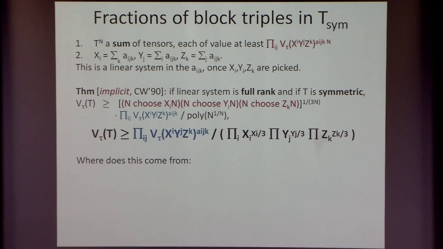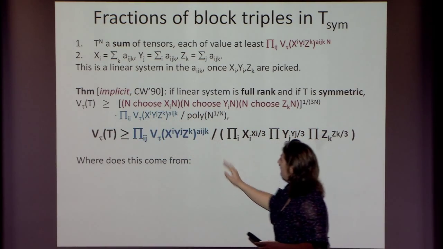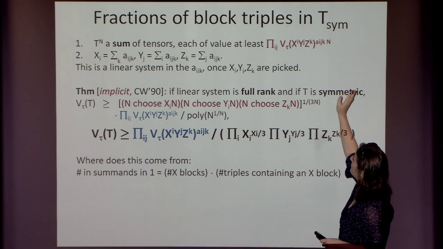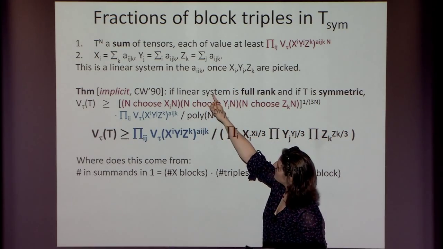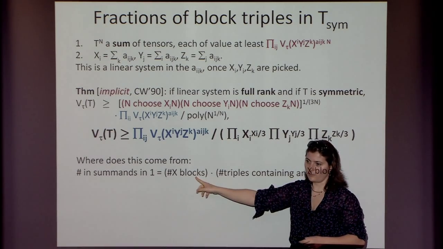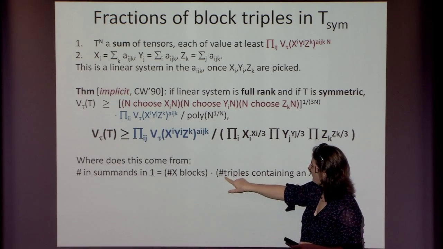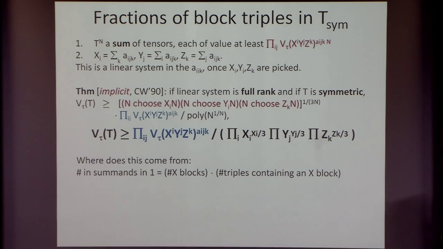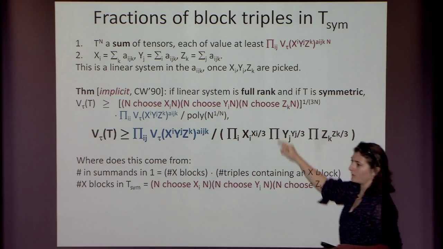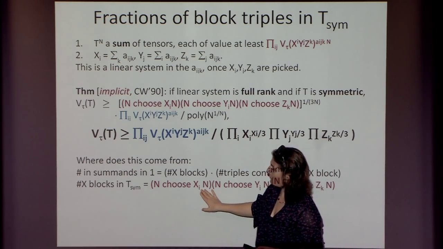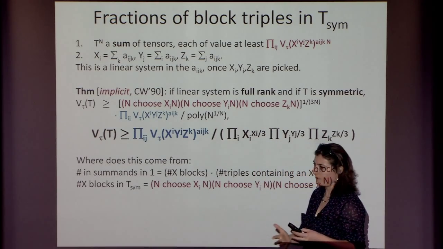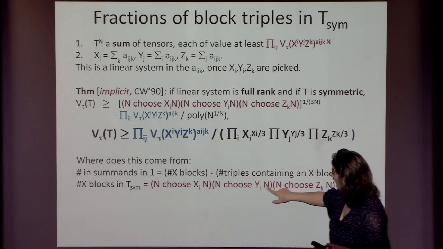And let me tell you where this comes from. The number of summands up here, so it's a sum of tensors each of value this much, is the number of x blocks in t sim to the nth power once I zero things out, times the number of block triples that contain an x block. This first portion is exactly this red part over here, because this is the multinomial coefficient that chooses x_i times n positions out of n that have to remain non-zero, and same here and same here.